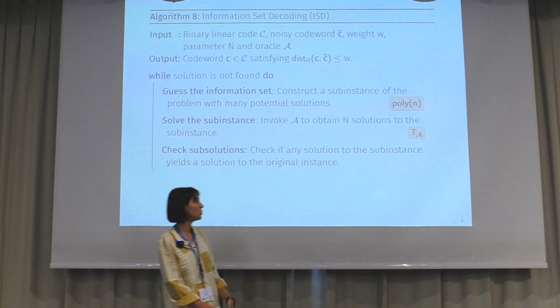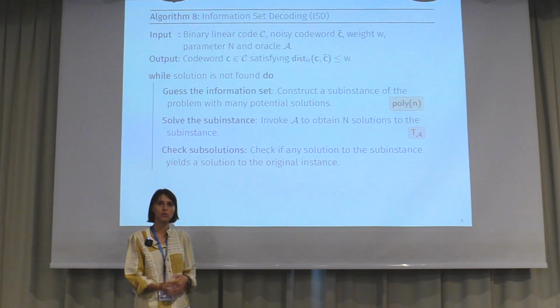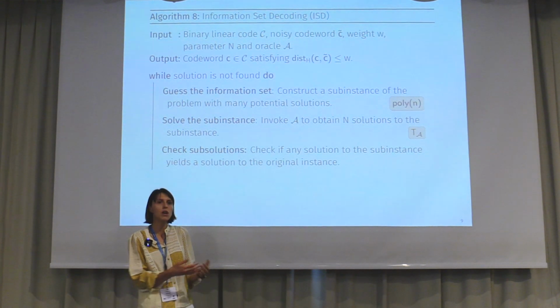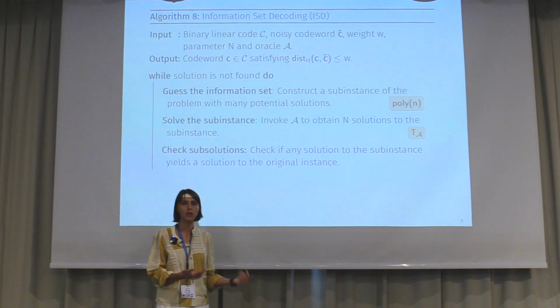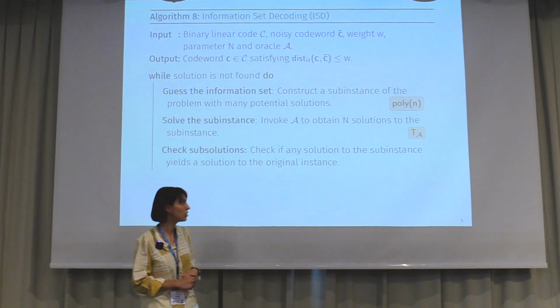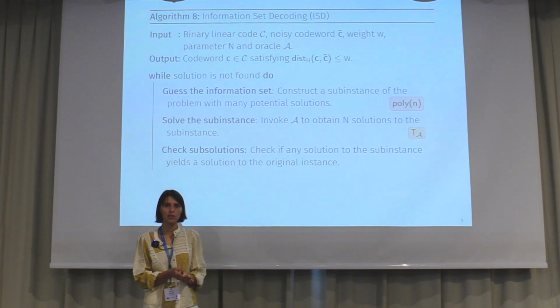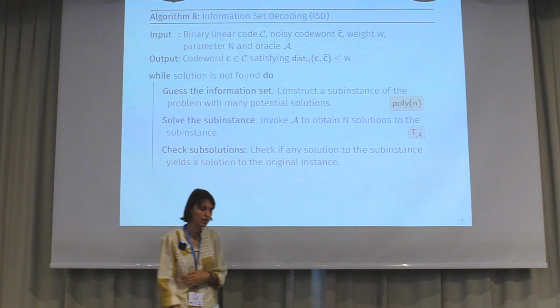And finally, once you obtain the solutions to your subinstance, you want to check if they lead to a solution to the full instance. So now you want to actually check if your guess at the beginning was correct. So do you have the solution for the full problem? Since we know that this subroutine gives you capital N solutions, this is the parameter I introduced at the beginning.